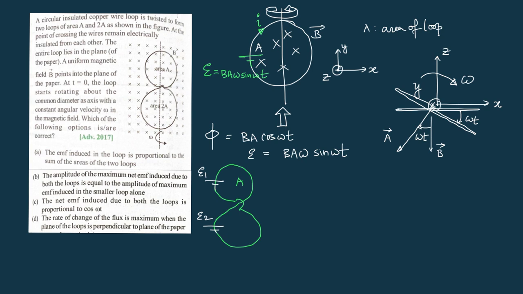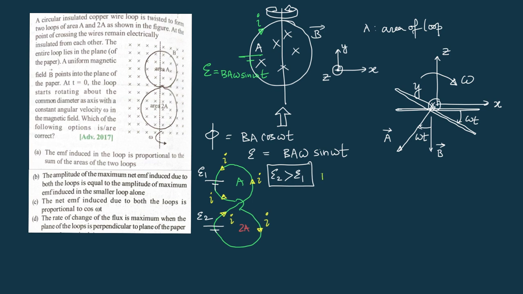Now if you trace this current, obviously the lower loop is having area 2A, so E2 will dominate over E1, so E2 is more than E1. And the current from E2, the induced current goes this way and via the upper loop this way and this way and this way. That means E1 and E2 will act in opposite senses.